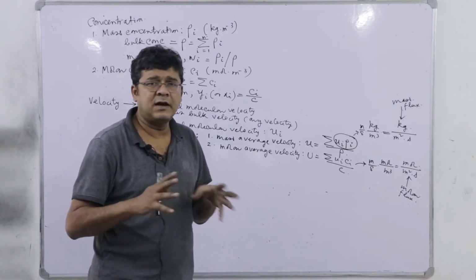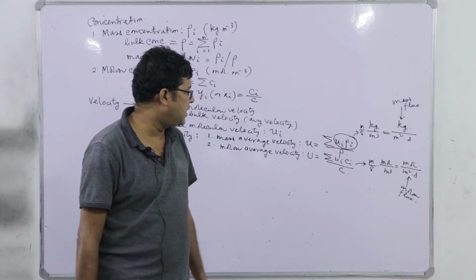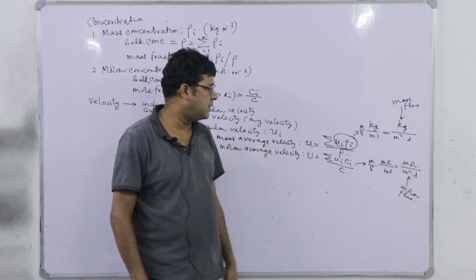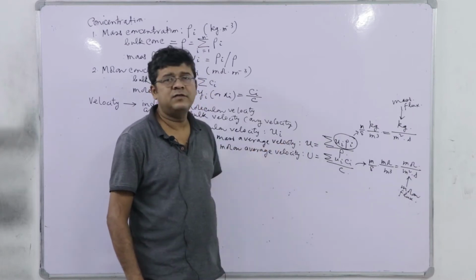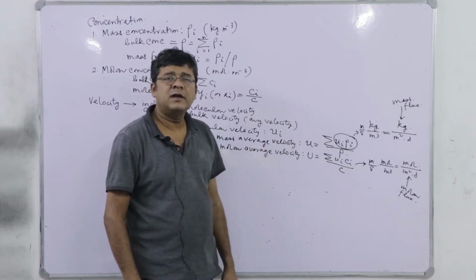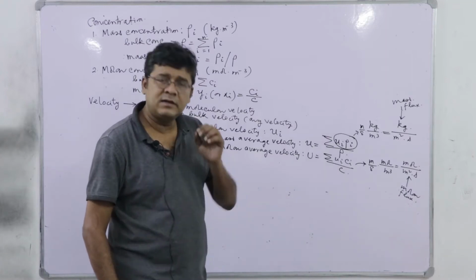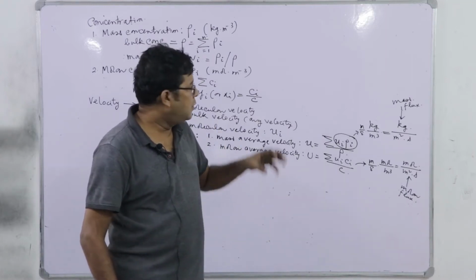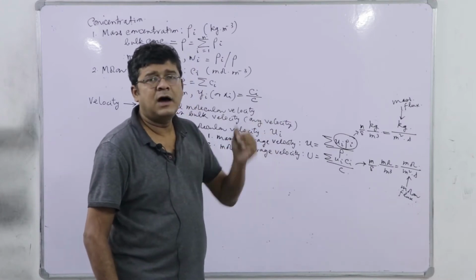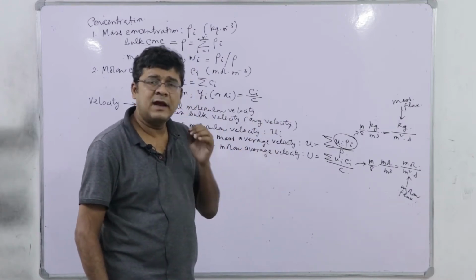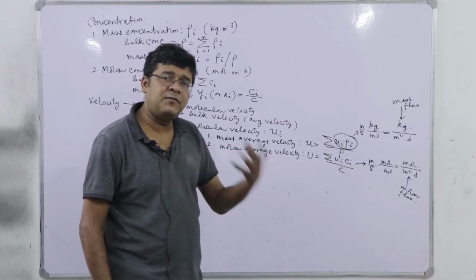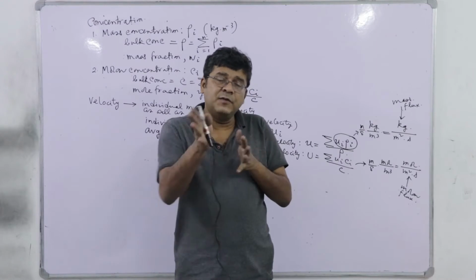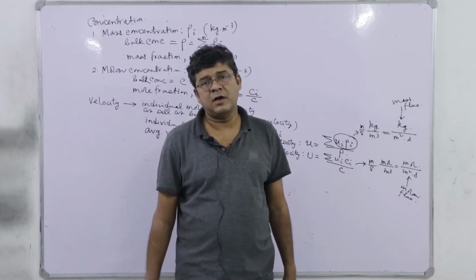So, it is a molecular aspect that interplays as a fundamental root cause of diffusion, right. So, we have the individual molecular velocity, which we look at from a reference frame that is static. But if I move with the average velocity, I will see only the diffusion of that specific component.